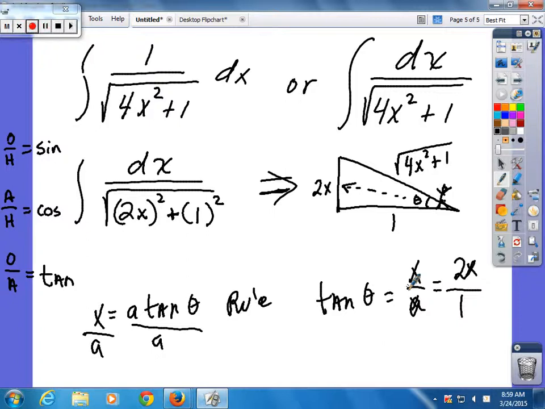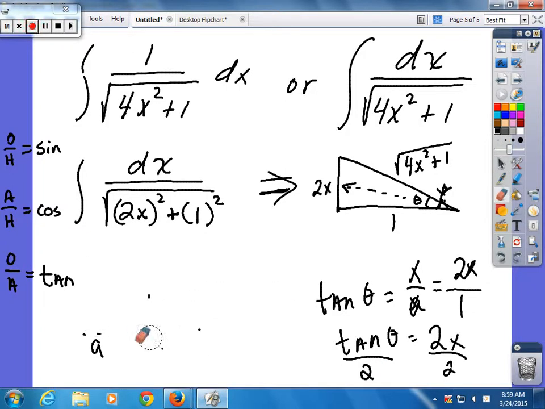We know that tangent of theta is equal to 2x over 1. So divide by 2. X is equal to 1/2 tan of theta. Is that fair to say?